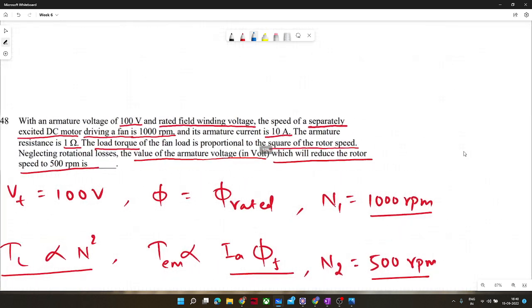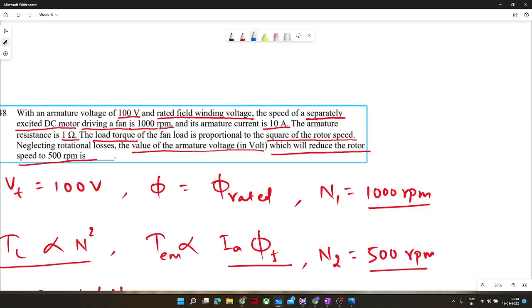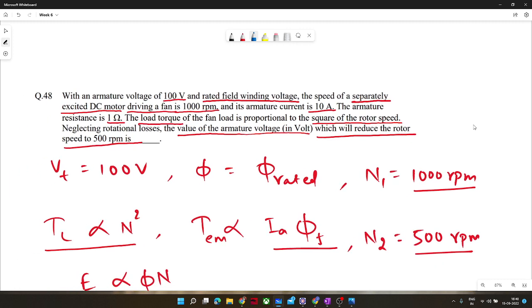Rated voltage was 100 volt. The motor driving the fan had a rated speed of 1000 RPM, and its rated armature current was 10 ampere. This is a separately excited DC motor. The armature resistance was also given. To reduce the speed from 1000 RPM to 500 RPM, what voltage can we apply?